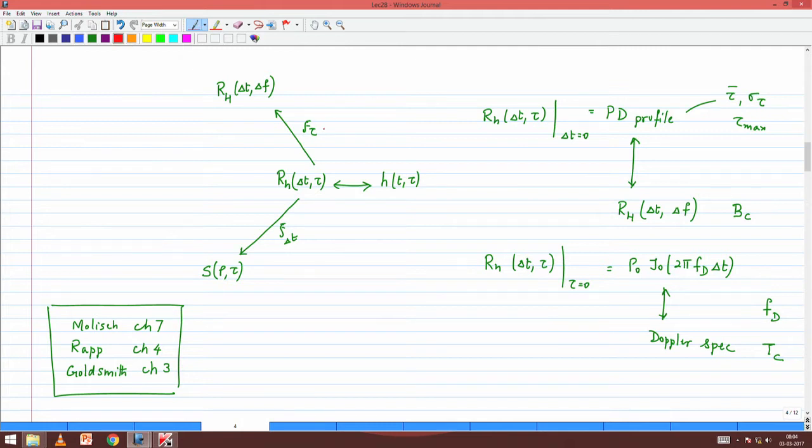This one assumes that delta t equals 0. Then I only have a delay dimension, which if I take the Fourier transform, gave me the spaced time, spaced frequency correlation function. Okay, so that is just a reminder of the terminology that we have used, correlation function.